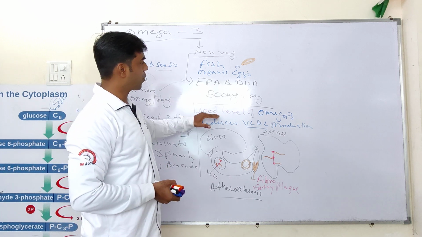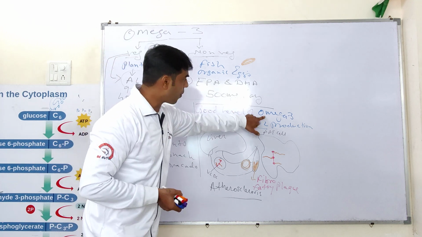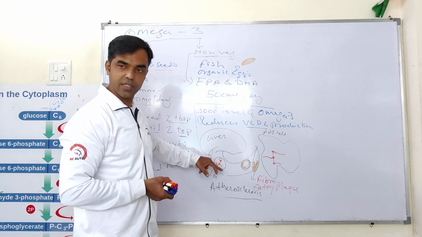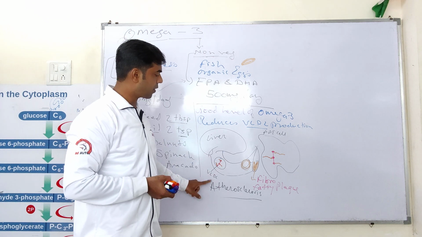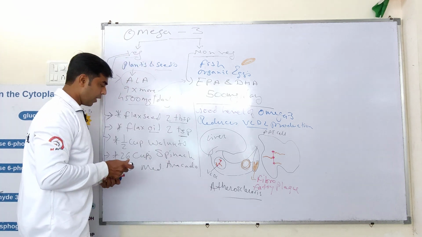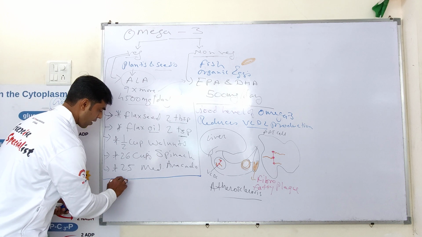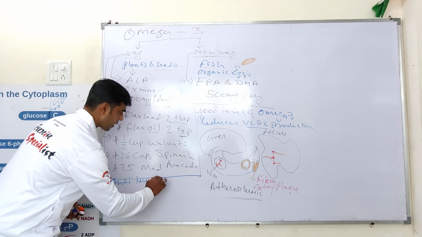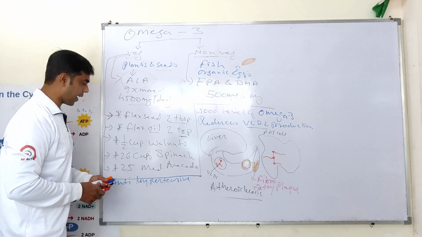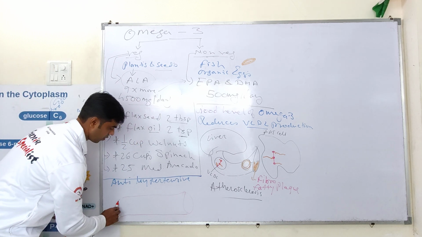Now, whoever has good levels of omega-3, this omega-3 will help them reduce the VLDL production from the liver. So no more VLDLs and there is no plaque build-up then, right? Clear? Now, it plays a role as an anti-hypertensive agent. Now, what is an anti-hypertensive agent? Suppose this is your artery here, right?